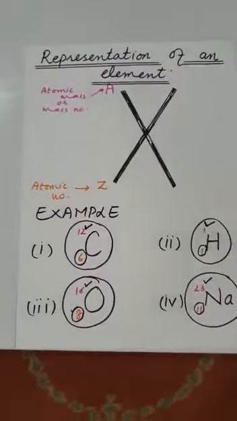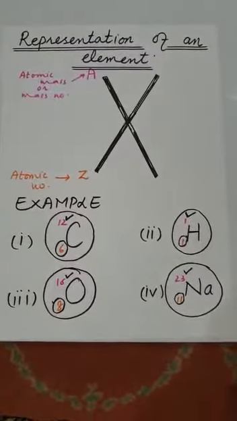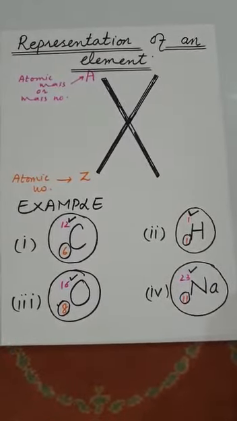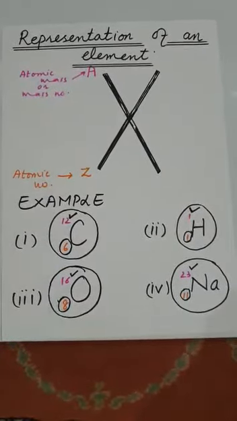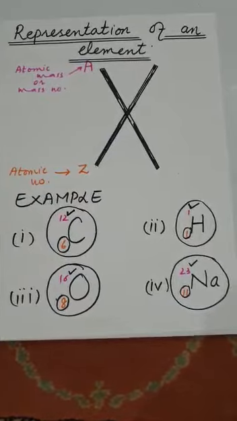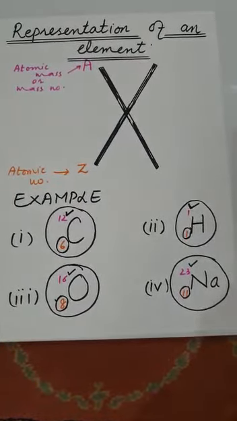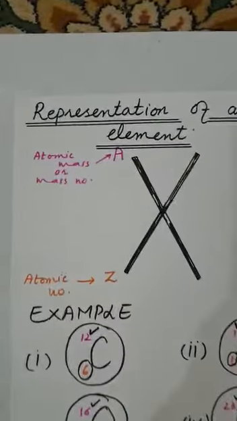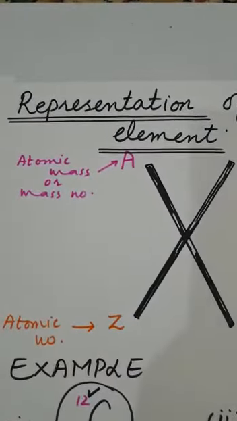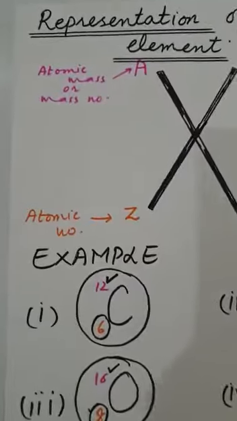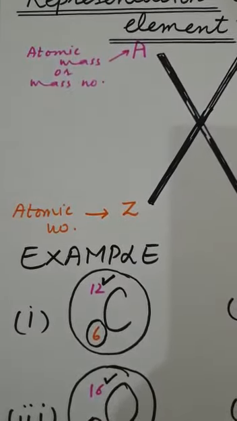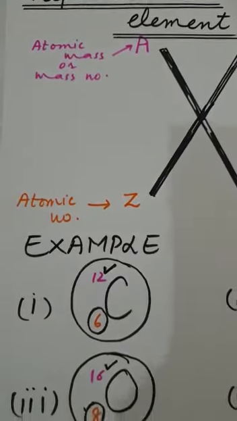After discussing the atomic number and mass number, we discuss how we represent an element in chemistry. X indicates the symbol of any element, and the mass number is written above the symbol, whereas the atomic number is written below the symbol.